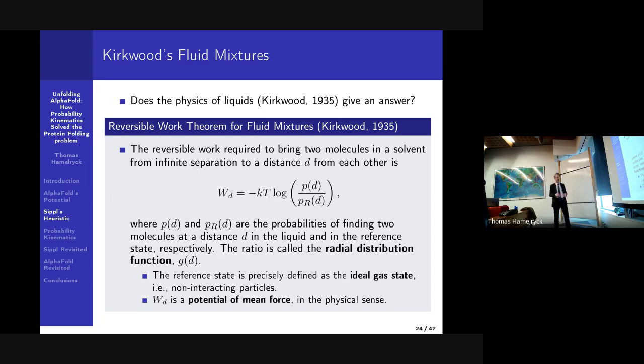And now I can also explain what is the force and why is it mean. Well, here mean, of course, refers to averaging out. You consider two particles in a liquid and the influence of the surrounding liquid particles is averaged out. So that's why it's called a potential of mean force.